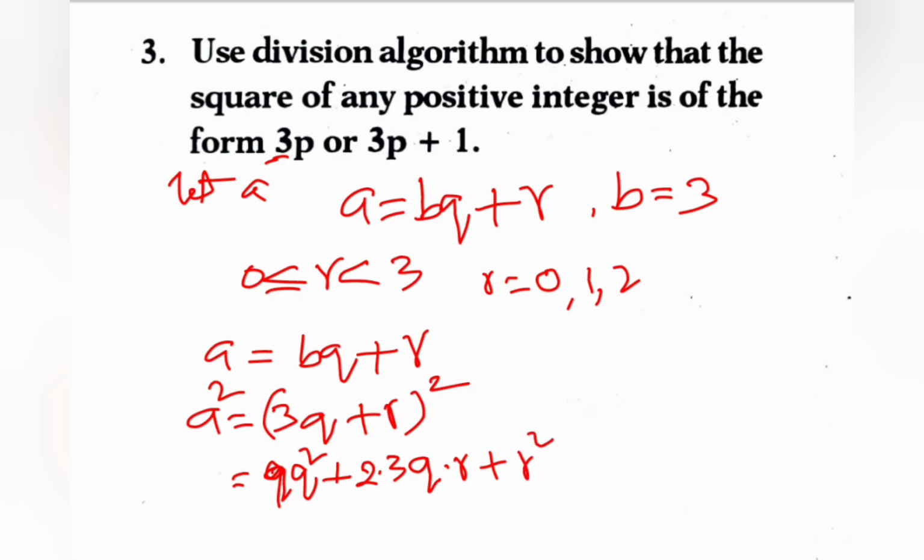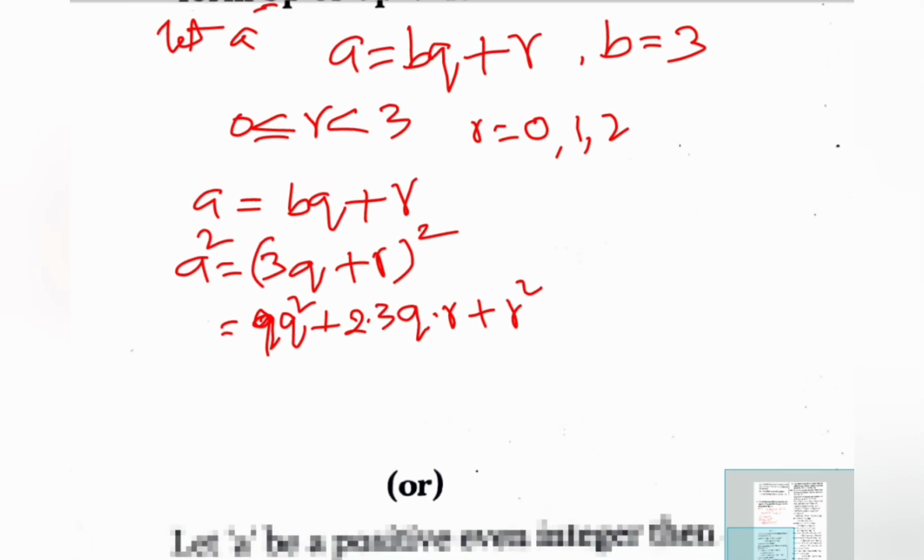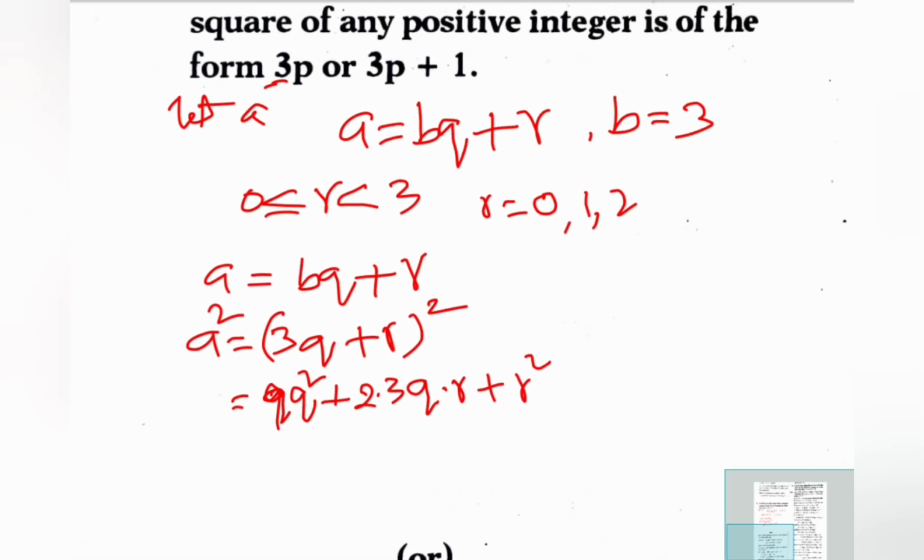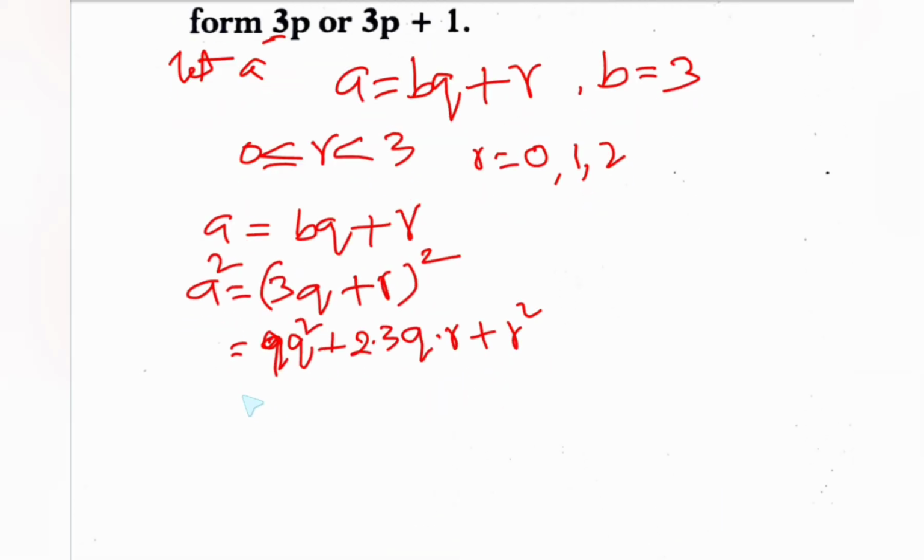Then this equal to 9q square plus 6qr plus r square.